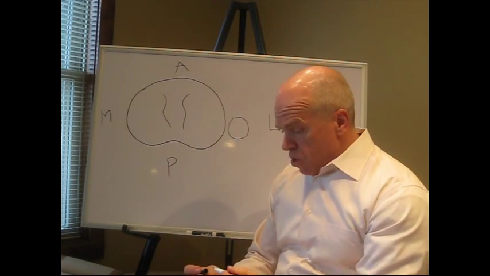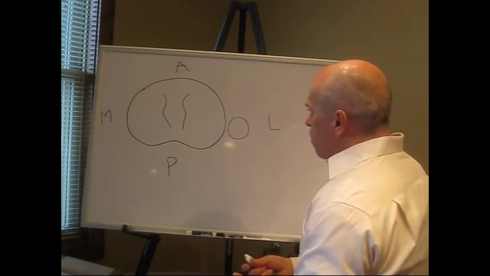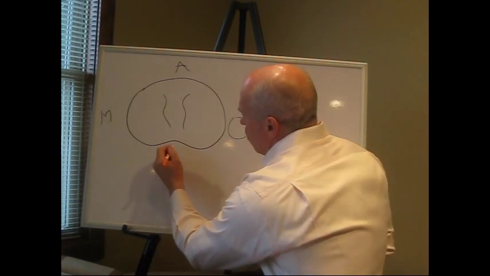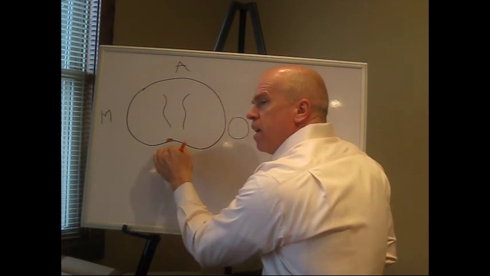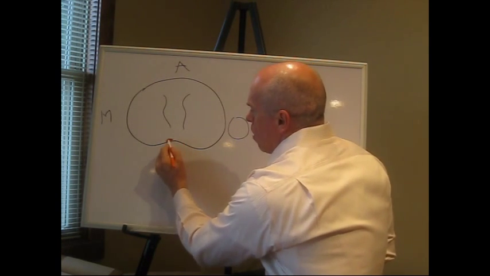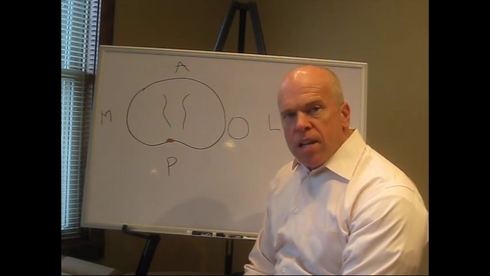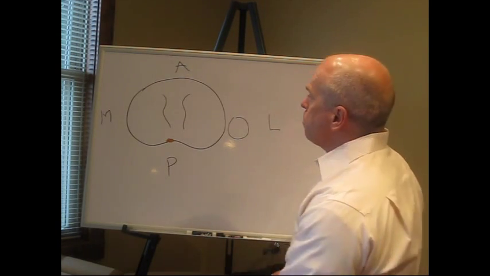Okay? So let's now draw in some of our important landmarks. The first landmark that we want to draw in is back here on the posterior and slightly around the corner and then down the shaft of the tibia bone. We have a landmark here which represents the attachment point of the posterior cruciate ligament.